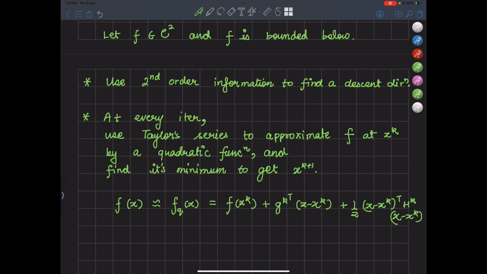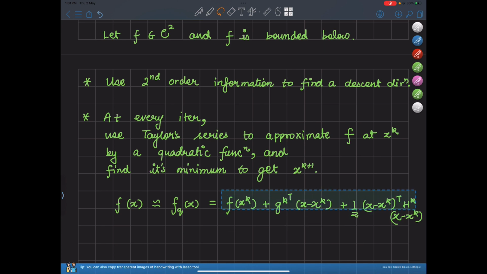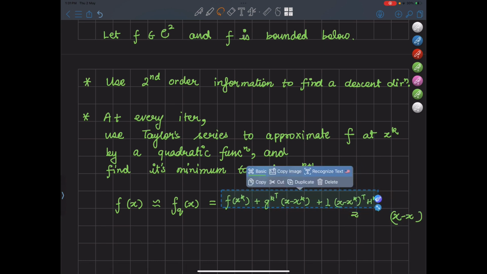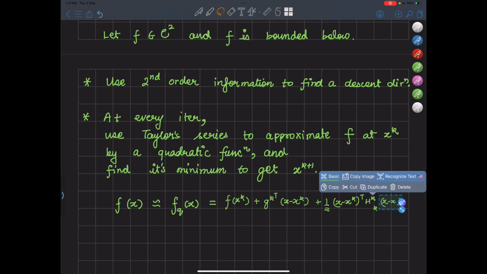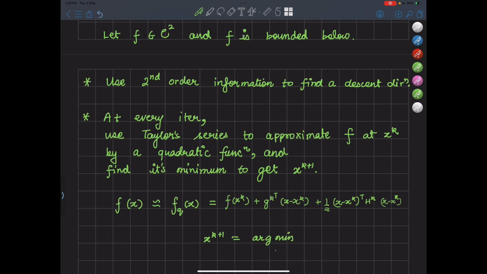We try to find the minimum of this function. So xk plus 1 is nothing but argmin over x of fq(x).